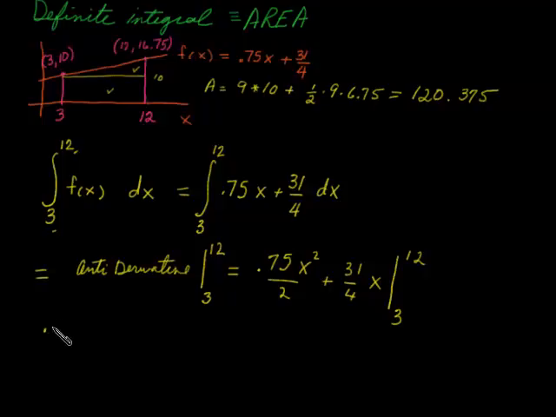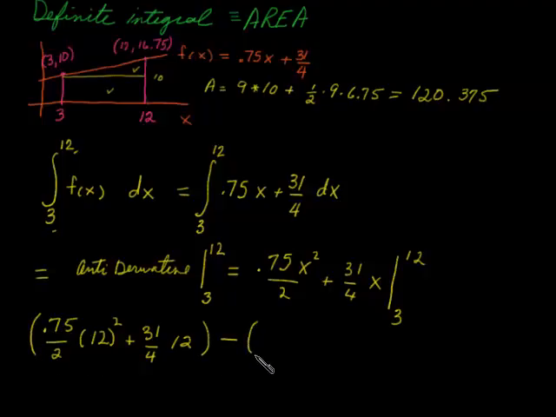So this would be 0.75 over 2, upper limit 12 squared, plus 31 over 4, and there's another x, and so I put in the upper limit again, 12. That's what I get when I evaluate the expression at the upper limit.